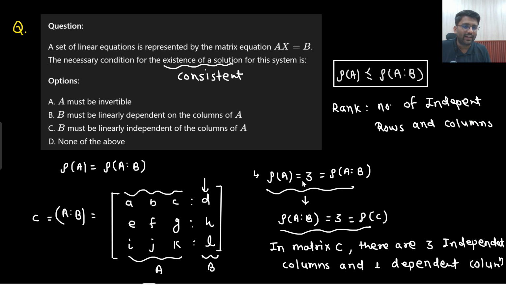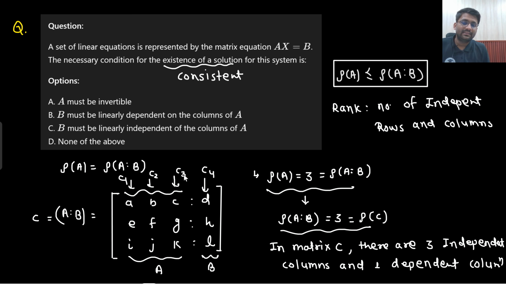Don't worry. So when I am checking this condition, what do I get to know? That rank of A augmented B is coming out to be 3. That means there will be 3 independent columns and 1 dependent column. Let's call these C1, C2, C3 and C4. So you can say that C2 is depending on C1, C3, C4.